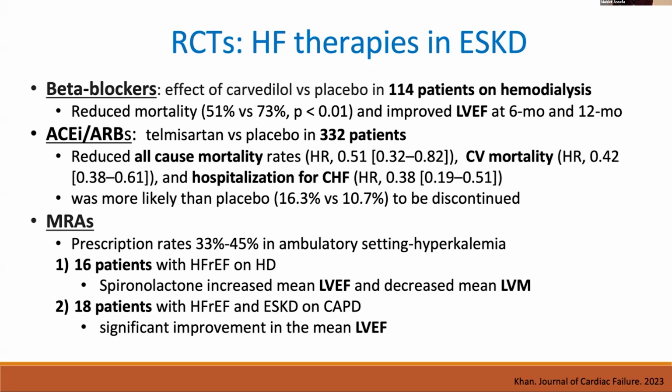And then there is also a study looking at the effect of SGLT2 inhibition in dialysis patients on hemodialysis, both diabetics and non-diabetics, called DAPA-HD. I will say that these studies are not specific to heart failure patients, but they'll likely do sub-analyses looking at those patients. And then there are 3 studies looking at Entresto in dialysis as well.